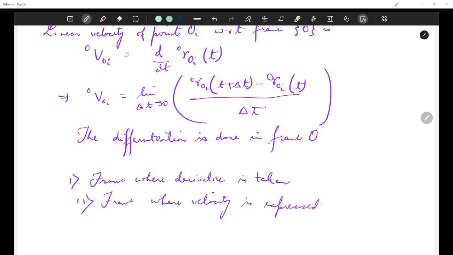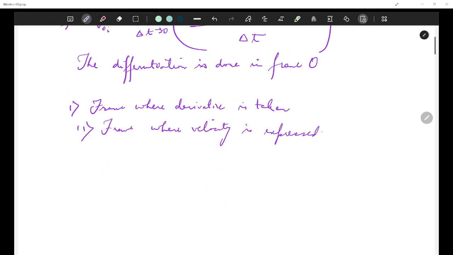So if the velocity is computed in frame 0, but what do we want? We want the velocity in frame i, because we want the velocity of the link, right?